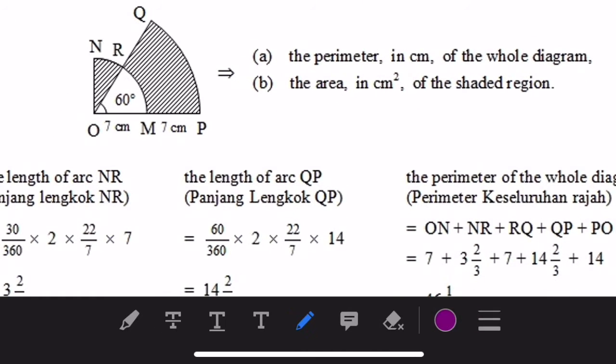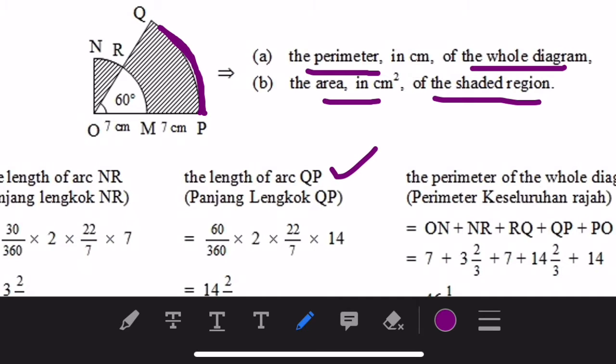Alright, let's say I want to find the perimeter for the whole diagram. Sometimes they will ask you area of the shaded region. Depends, it can be whole diagram, it can be shaded region. So if whole diagram means that you have to find the arc length, which is PQ, and also NR.